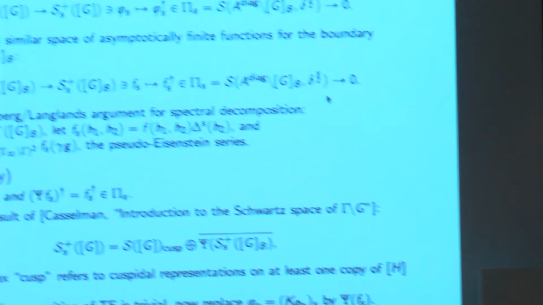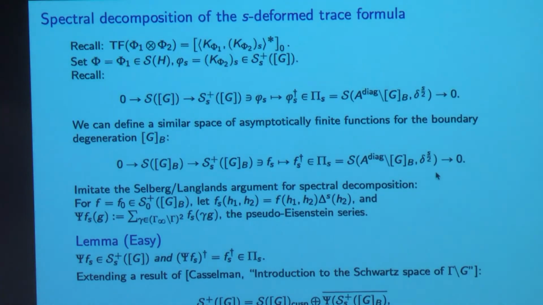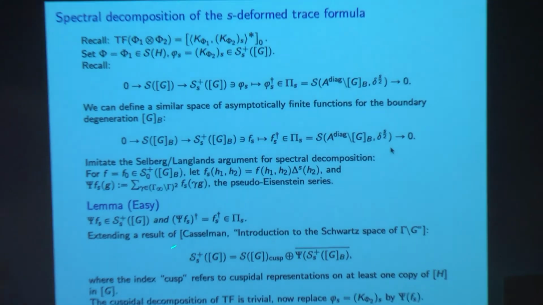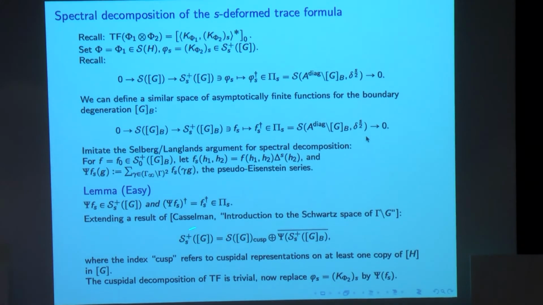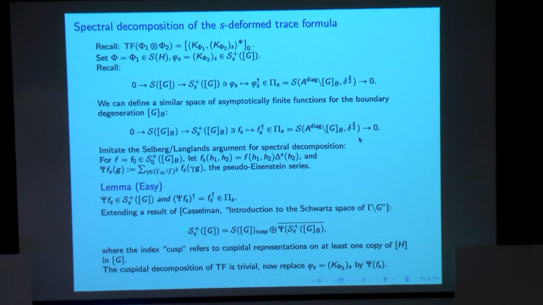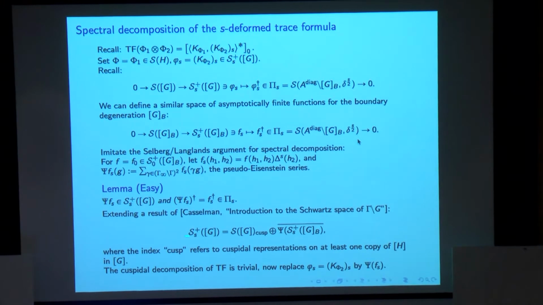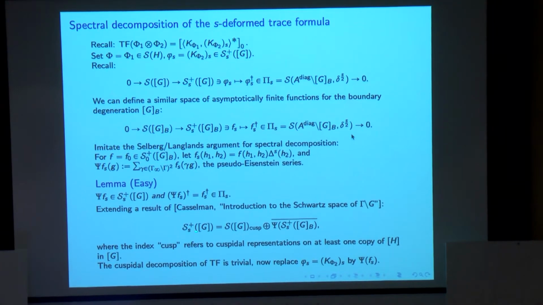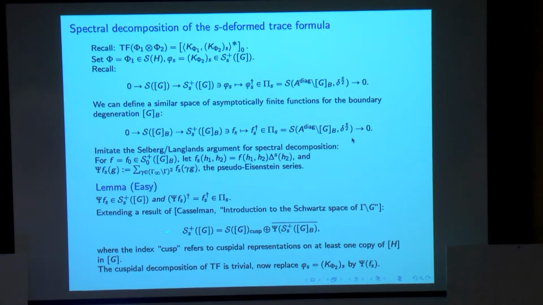So, okay. Moreover, we have seen that our kernel functions live in a space like this, and if they lived in a Schwarz space, we know from a result of Casselman that the Schwarz space decomposes into its cuspidal and its Eisenstein part.